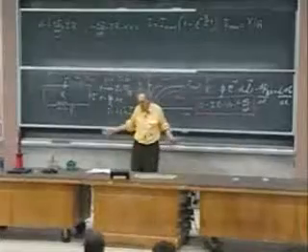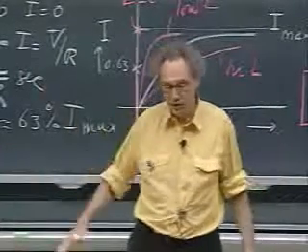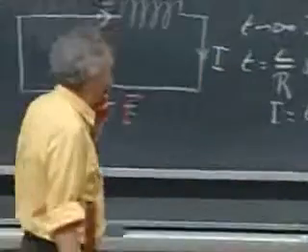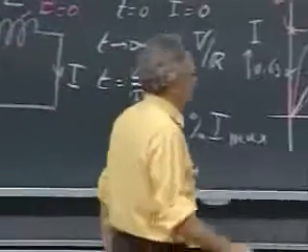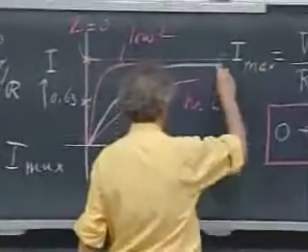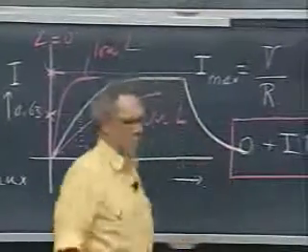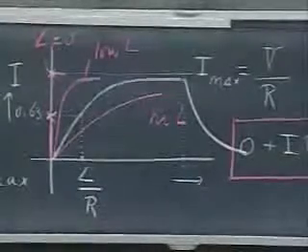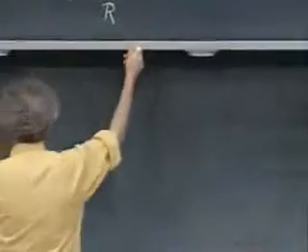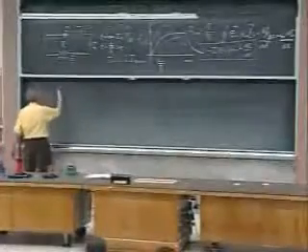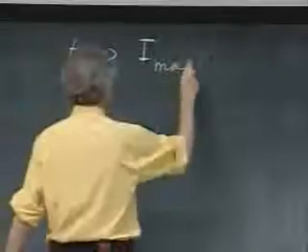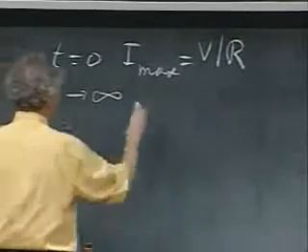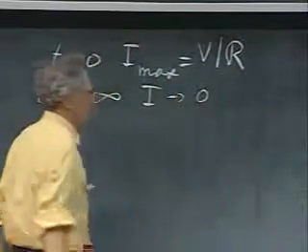Well, the self-inductance doesn't like the fact that the current is going down, so it's going to fight that change. And so you expect that the current is not going to die off right away, but that it is going to go down sort of like so. And when you wait long enough, at t goes to infinity, so at t equals 0, the current is still maximum, so it's still V over R, but when you go to infinity, then of course the current has to become 0.